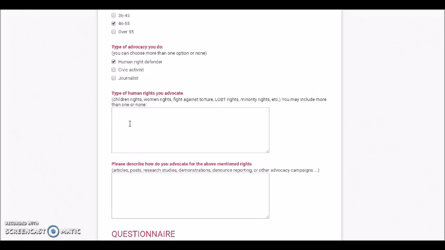They advocate children's rights, women's rights, gay, bisexual, transsexual, minority rights, whatever, you just include it here. So in this case, she's advocating for some minority rights, in some parts of the country.